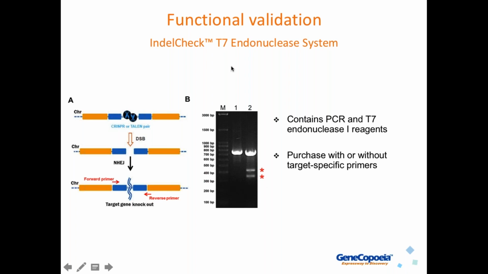So we have a complete system of reagents for the Indel-check T7 endonuclease 1 system that come with either the PCR reagents or the T7 endonuclease 1 reagents alone, or you can buy a complete system with both. And you can purchase this with or without target-specific primers.